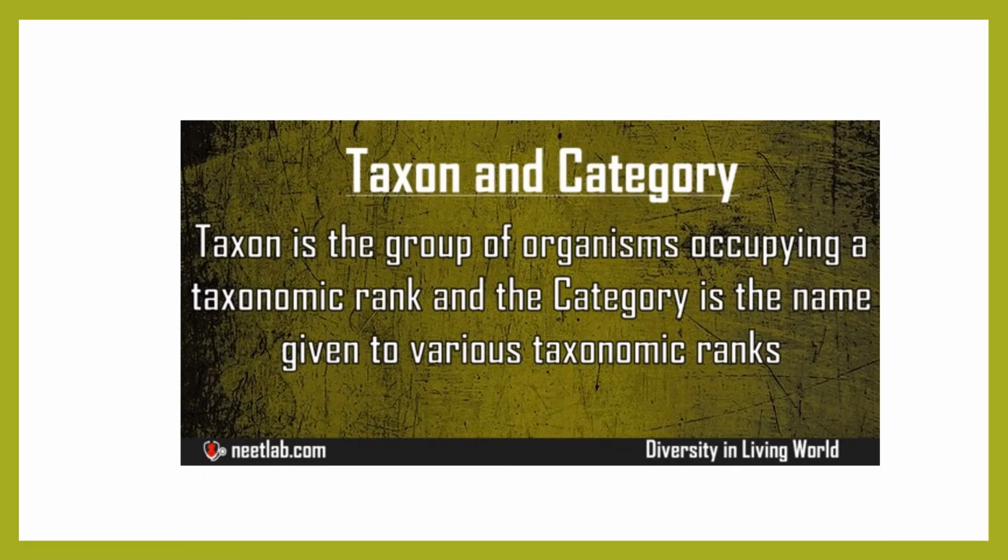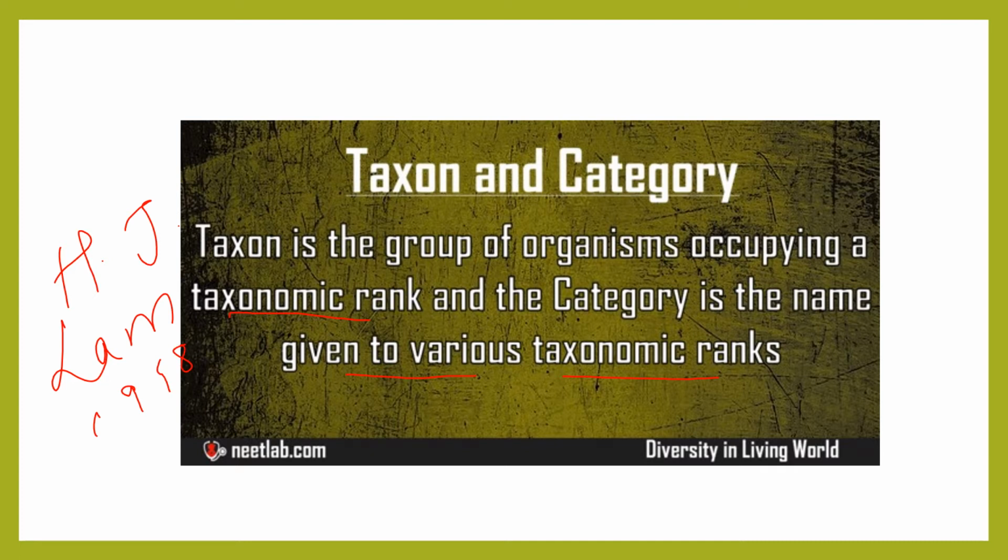What do you mean by taxon and category? Taxon is a group of living organisms. It occupies a taxonomic rank, and category is a name given to the various taxonomic ranks. Taxon was first coined by H. J. Lam in the year 1948 for plants.